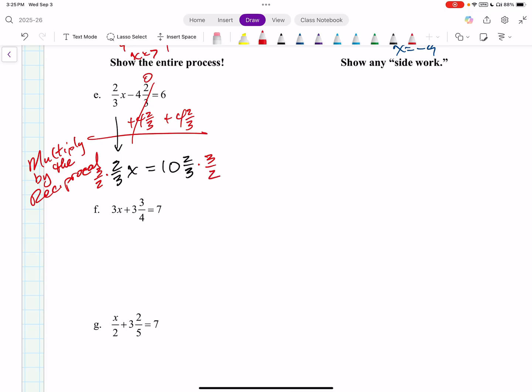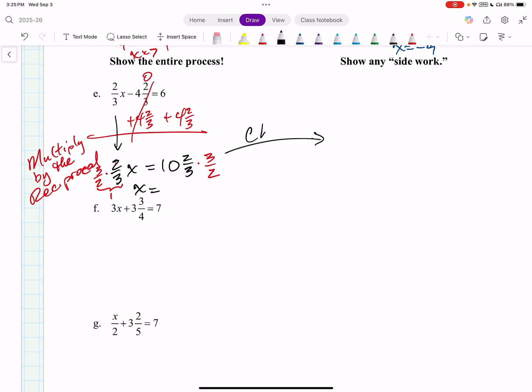The reciprocal of 2/3 is 3/2. And when you multiply the reciprocals, you get 1. 3 times 2 is 6 up top. 2 times 3 is 6. 6 divided by 6 is 1. Reciprocals always multiply to 1. And then here, this is where you do your side work. So we're going to get x equals some number. So what's 10 and 2/3 times 3 halves? So you want to change to improper.